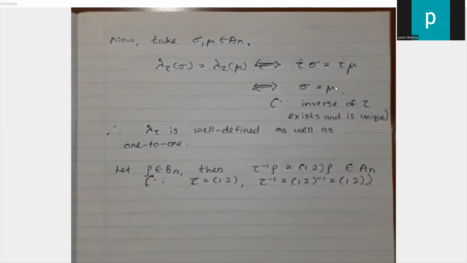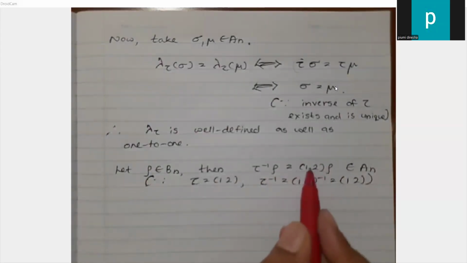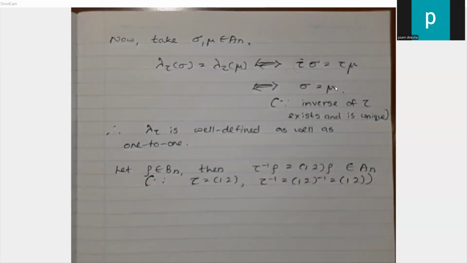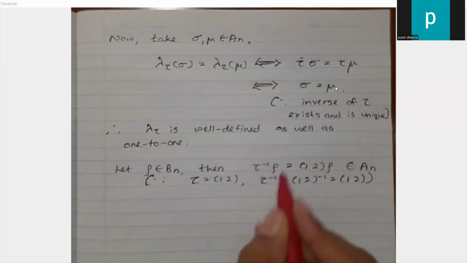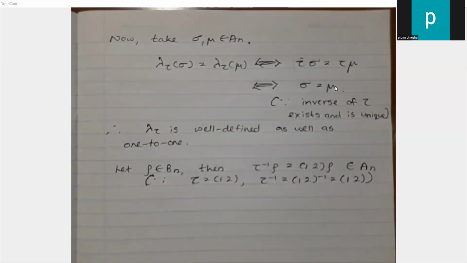That means once you express it as a product of transpositions, you have an odd number of transpositions in there. And if you take its product with (1 2), you are adding one more transposition to this product. So you have an odd number plus one more, which is an even number of transpositions in the product, so that it actually belongs to An. Right?